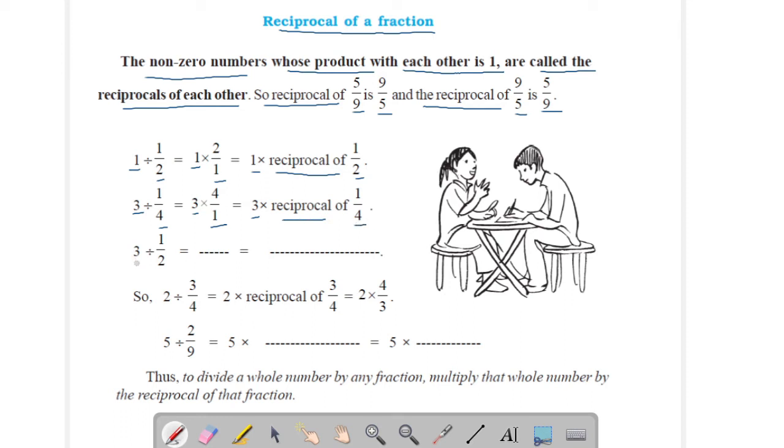Here, see the third one, 3 divided by 1 upon 2. This can be written as 3 into the reciprocal of 1 upon 2, that is 2 upon 1.